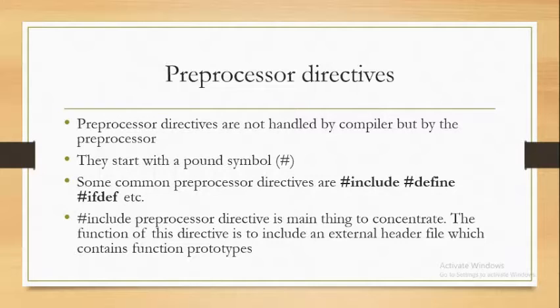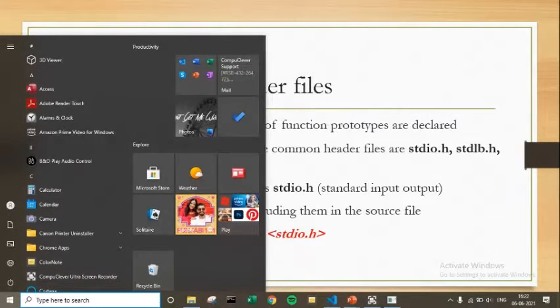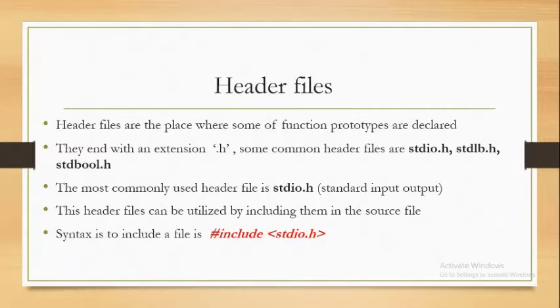It includes an external header file. So what is a header file? A header file is a place where some of the function prototypes are stored, and it ends with a .h extension.